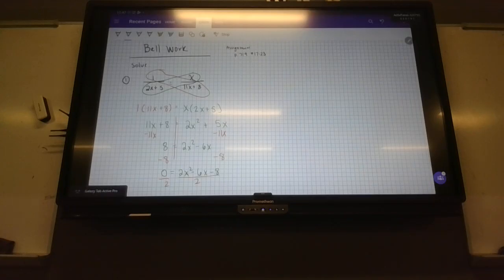0 divided by 2 is 0. Okay, and then you're going to do what multiplies to negative 4 and adds to negative 3.